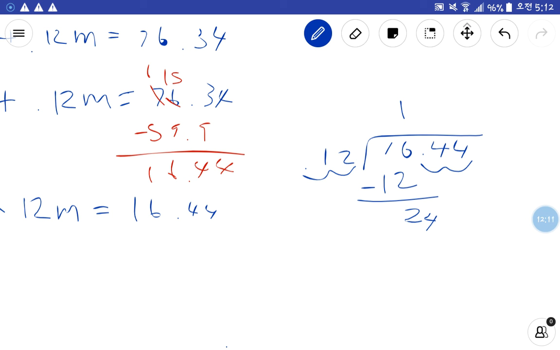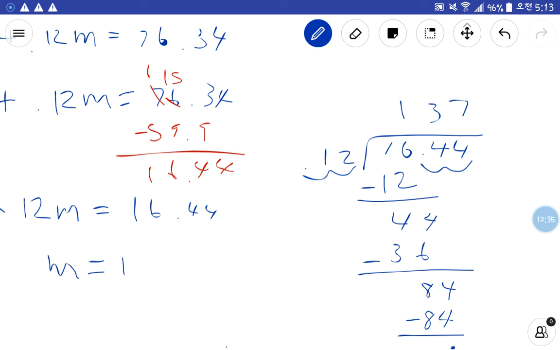Here, 6 minus 2 is 4. It's 44. And then now, it will be 336, and I have a remainder of 84, which is 7 times. All right, so my m would be 137.